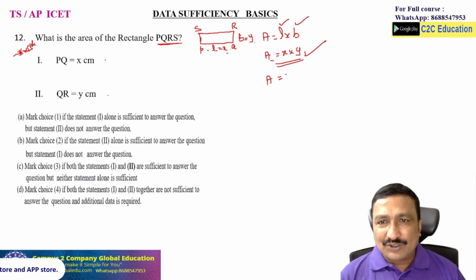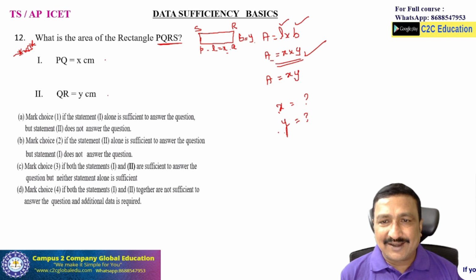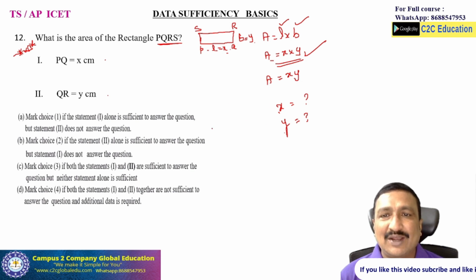In this case, most of the students have a doubt: what is the X value? What is the Y value? But remember, these X and Y values are given in the information. Length is X centimeters, breadth is Y centimeters. So by using their information, we have to give the answer.